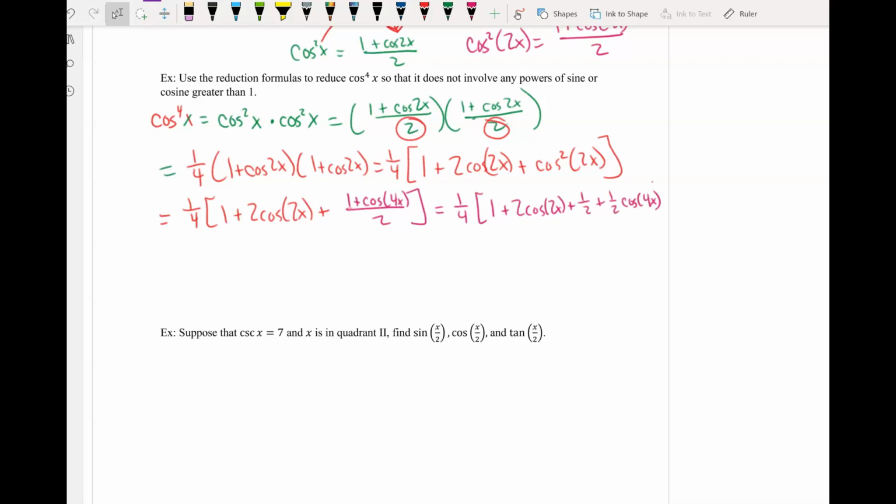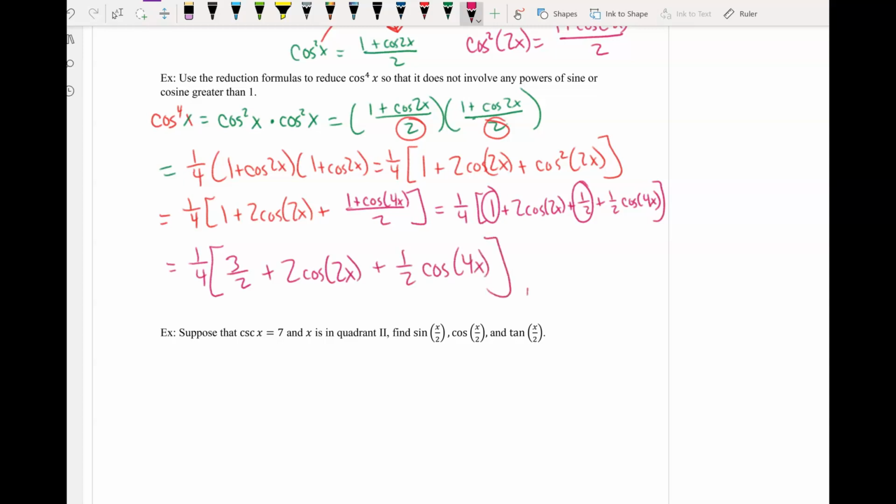So all I just did there was I just broke up this fraction. I divided this 2 into both of them, into the 1 and into the cosine 4x. And it seems that the only thing that I can just do is just add the 1 and the 1/2, which gives me 3/2. So we have 3/2 plus 2 cosine 2x plus 1/2 cosine 4x. And I have no more squares. Everything is a cosine to a power of 1.